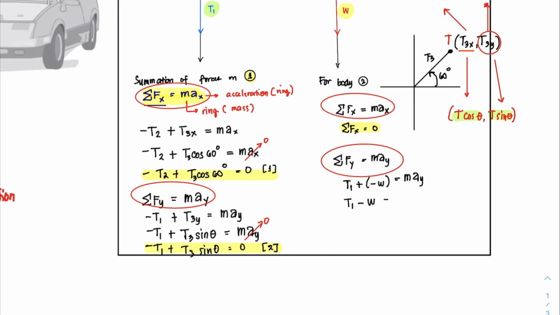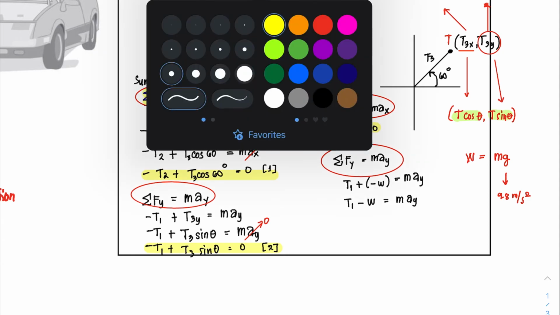So further simplification will have this. You have T1 minus W is equal to mass times acceleration along the y-axis. So you have to remember always, class, that the equation for your weight is just the mass of the object multiplied by the acceleration due to gravity.